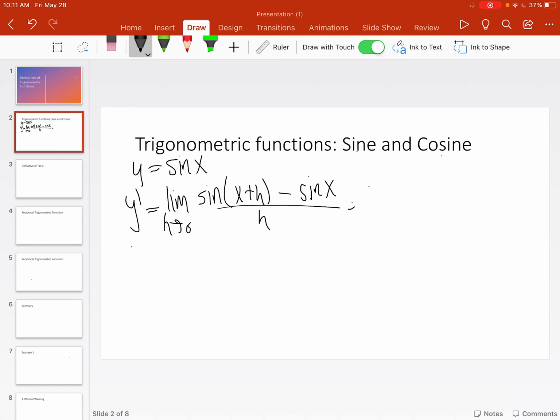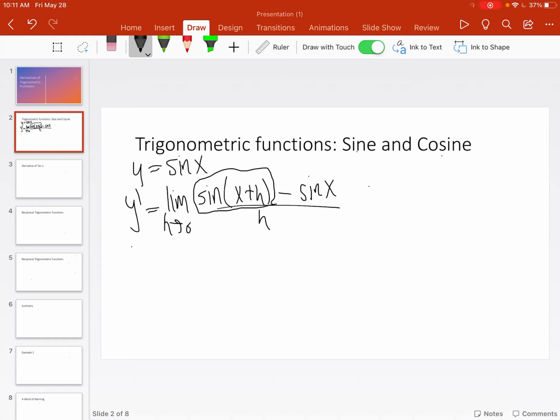And we're kind of stuck here. This is a good place to point out that trig functions get used a lot, and in order to simplify some expressions, you really need to be comfortable with your trig identities.